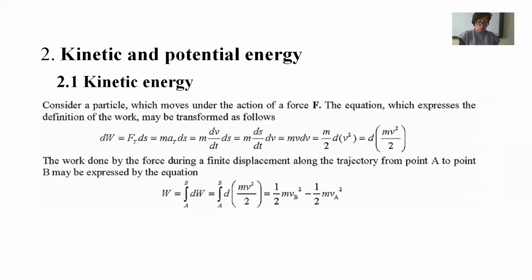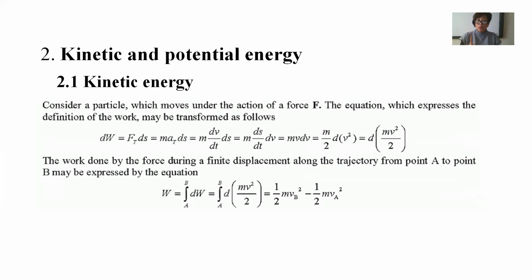The second question: kinetic and potential energy. Kinetic energy is the energy of motion. Consider a particle which moves under the action of a force F. The definition of work may be transformed as follows. Work equals force multiplied by displacement.